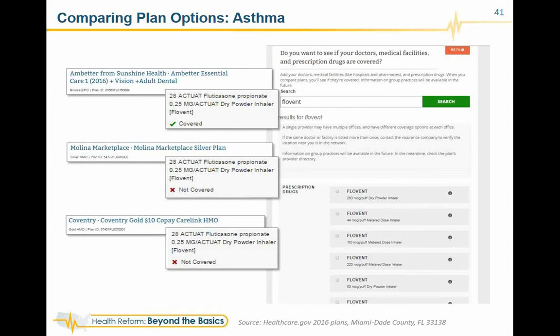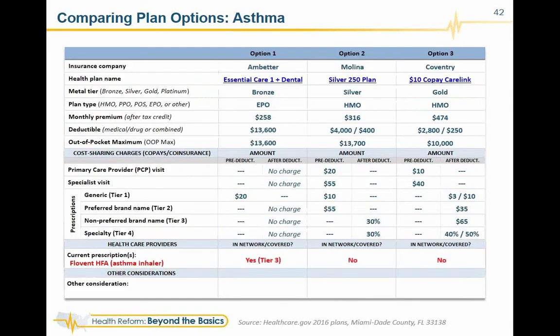Now, if you want to know a little more, you can check each plan's drug formulary or preferred drug list to see what tier a prescription drug is covered under. In this case, because 2 of the plans that we're looking at don't actually cover Joe's prescription, you may want to look at what other asthma medications are covered under these plans and at what tier.